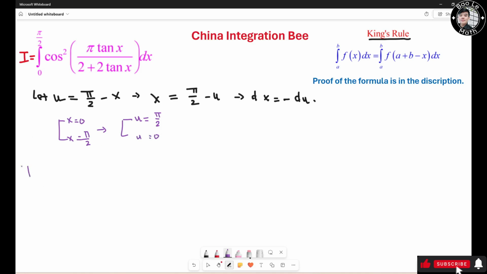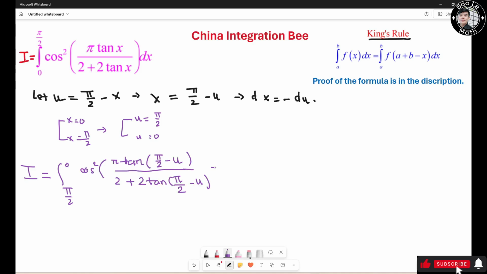So I becomes the integral from pi over 2 to 0 of cosine square of pi tangent of pi over 2 minus u over 2 plus 2 tangent of pi over 2 minus u, times negative du.